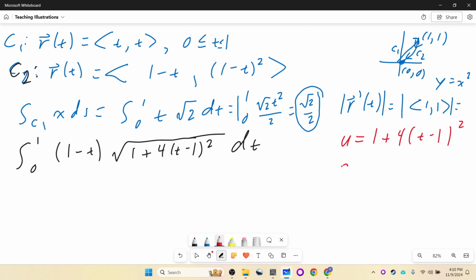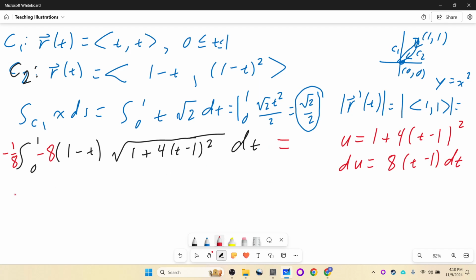All right, so du is then 8 times t minus 1 dt. So if I want to make this 8t minus 8, I can still put a negative 8 here and a negative 1 over 8 out here. Then that distributes as 8t minus 8.